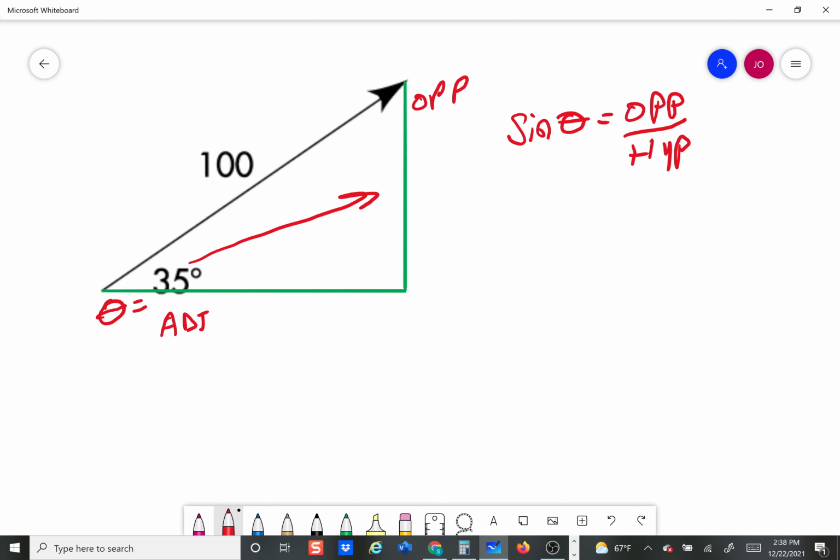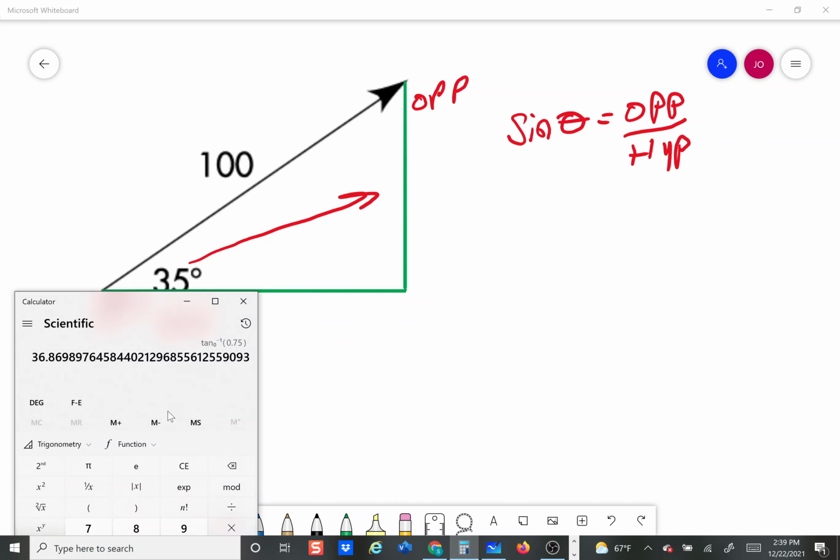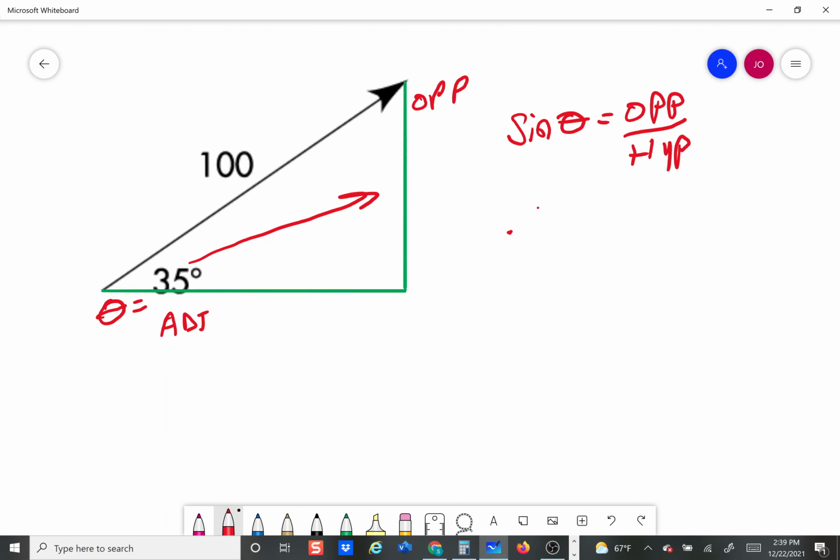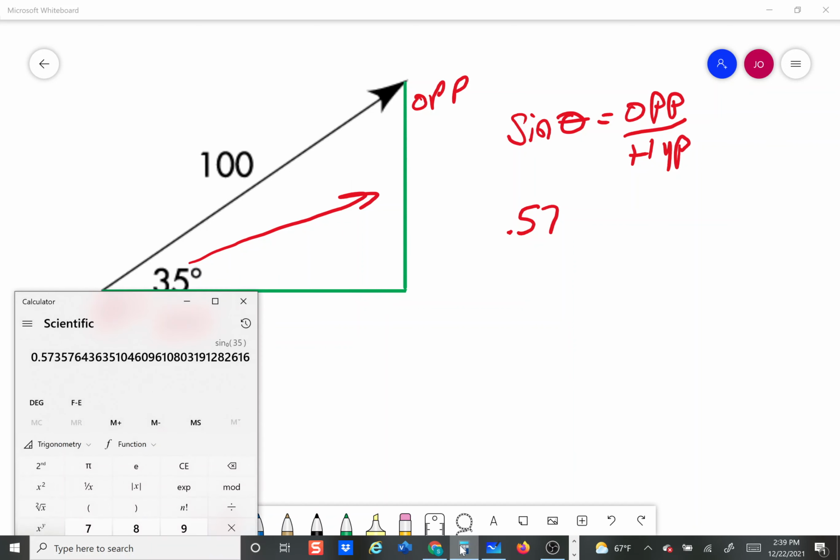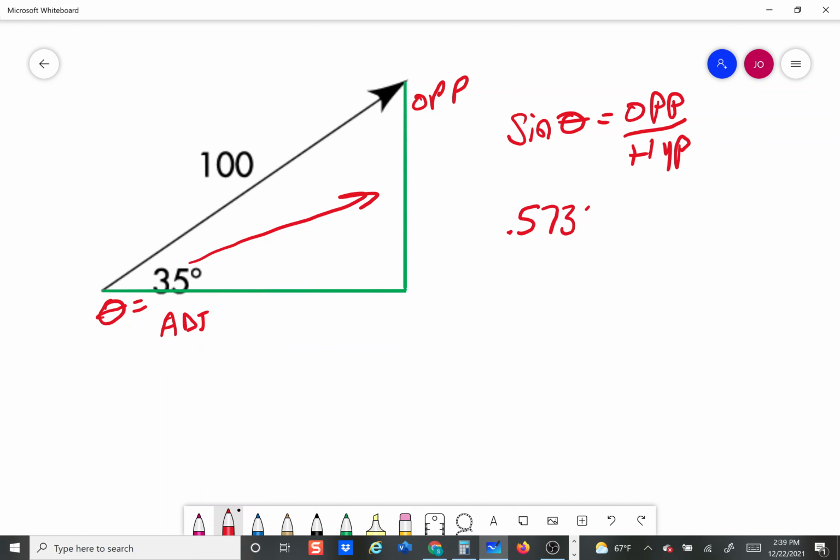If I hit my calculator and I put in 35 degrees and I go with the sine value of that, I get 0.57 something, .36, we'll just say, equals the opposite side over the hypotenuse, which is 100.